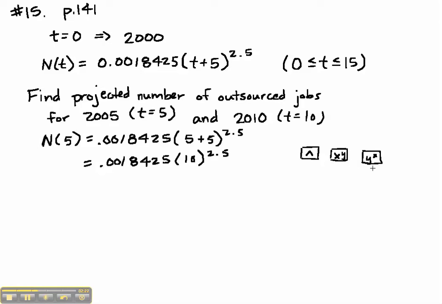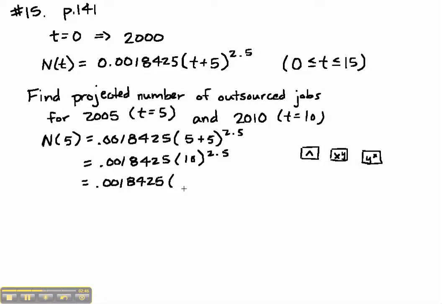Each of those three buttons are the same. You'll only see one of those on your calculator. So you would hit that button and then type in your 2.5 as your exponent. And you can always refer to your instructions manual if you need help on that.